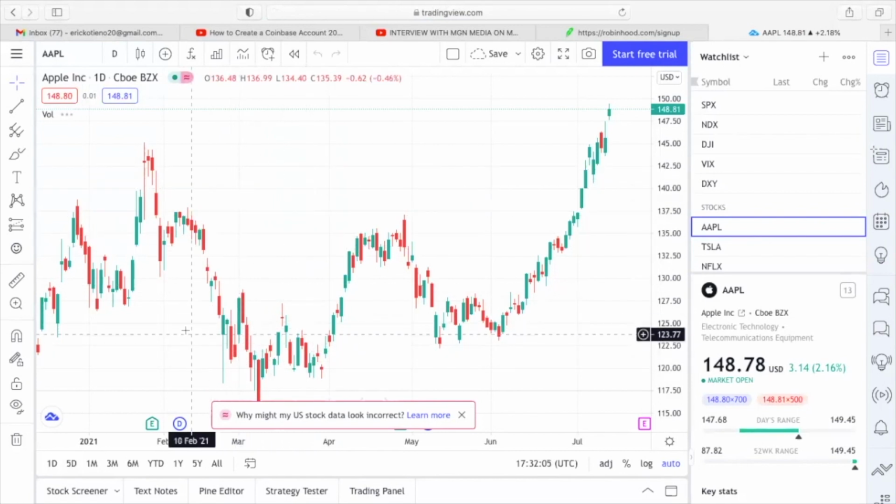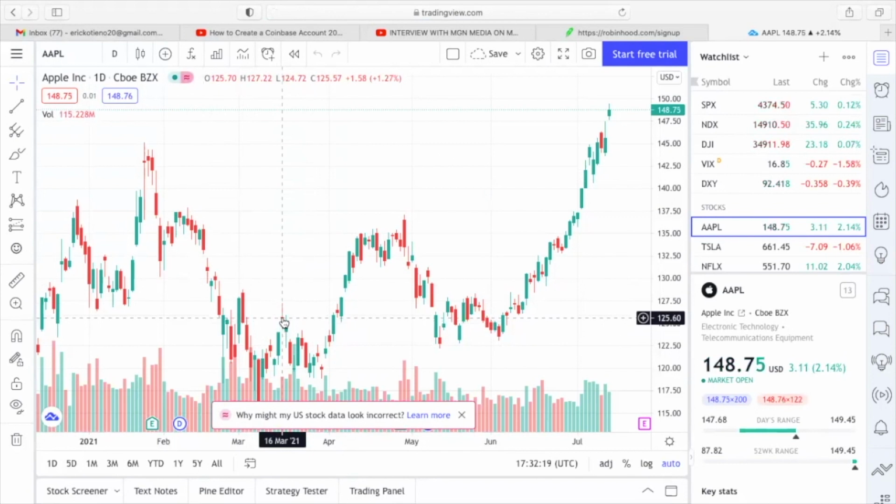So we are here, guys. We are on the chart, guys. This is TradingView, and we are trying to identify the doji. One of the doji candlesticks is here, this one. Can you see that?